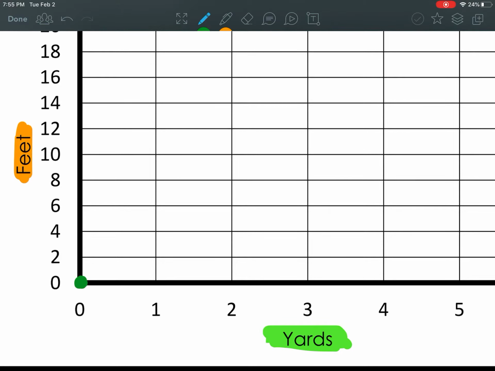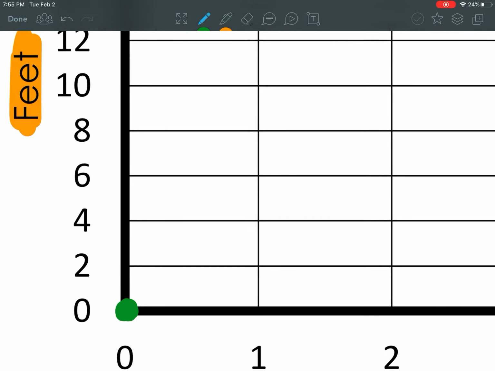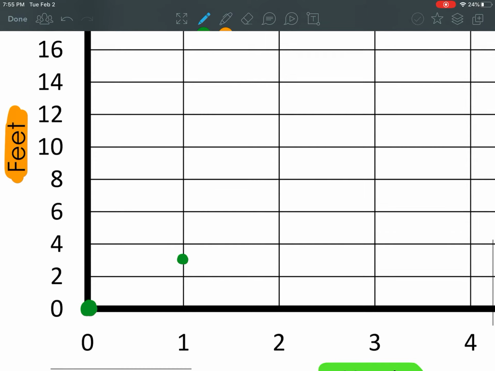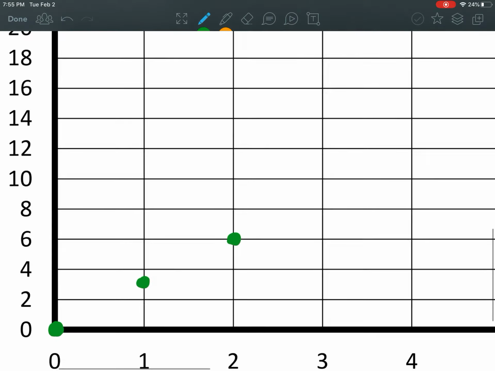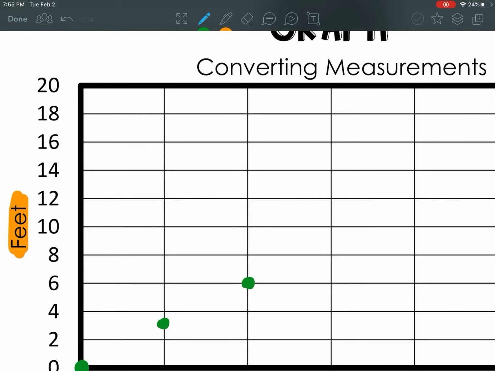Okay, again then, all of those are ordered pairs. So 0 yards is equivalent to 0 feet. 1 yard is 3 feet. Notice on your x-axis, they go by 2. So 2, 4, 6. So to get to 3, it'd have to be right in the middle of 2 and 4. All right, 2 yards is 6 feet. 3 yards is 9 feet.